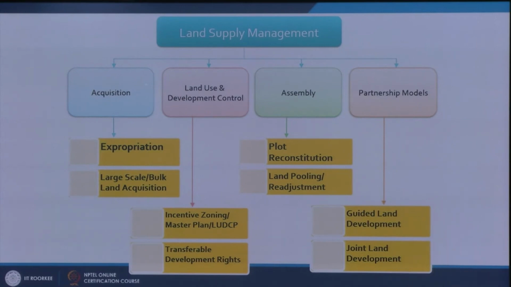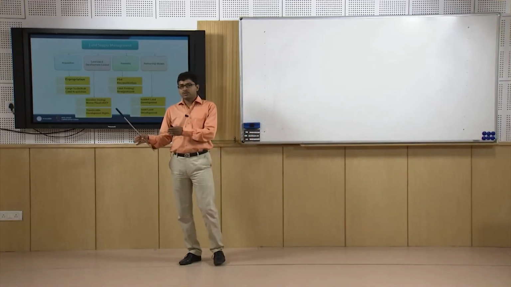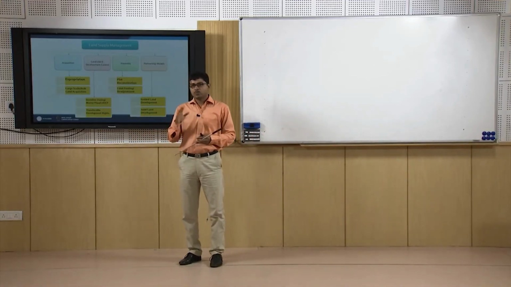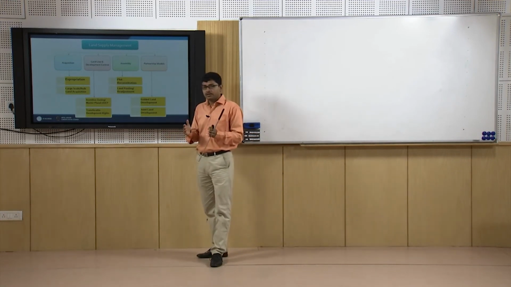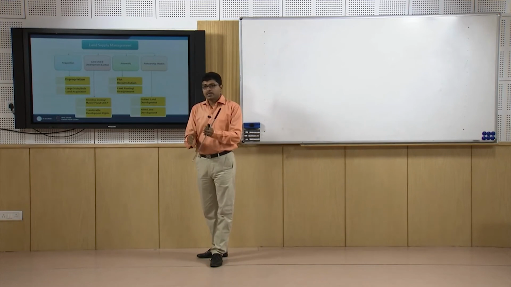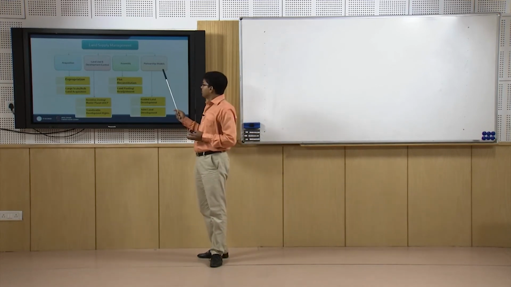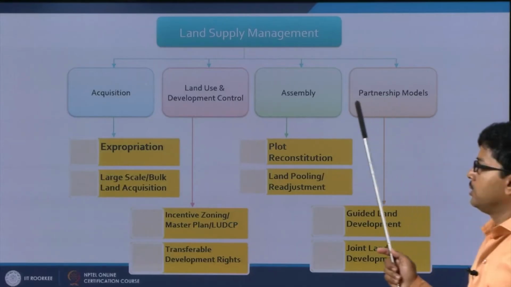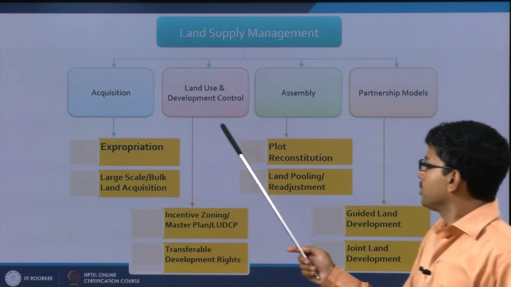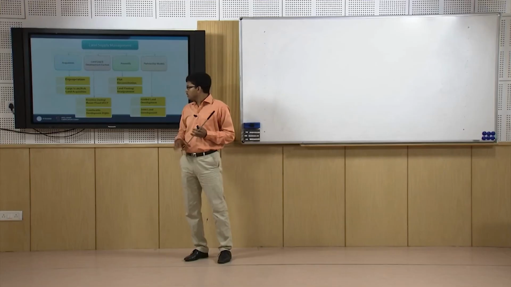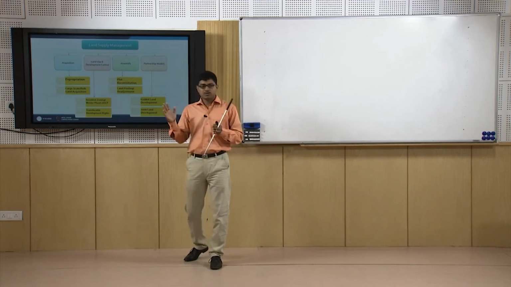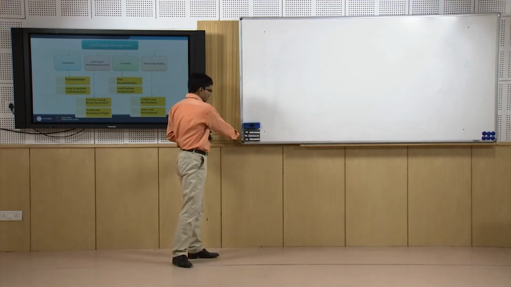The private party can acquire or purchase the land directly, the government can provide some rules, regulation and control, and based on that both of them jointly can develop that land. So this particular model neither uses acquisition, land use prescription, or assembly, but it is a kind of partnership development model. Let us see what the basic differences and characteristics of these models are.